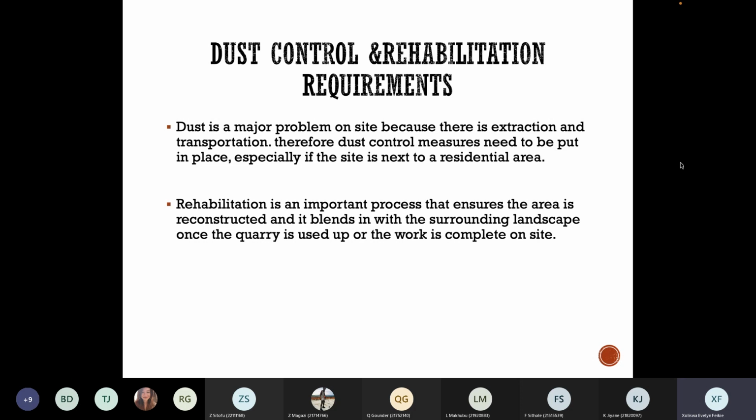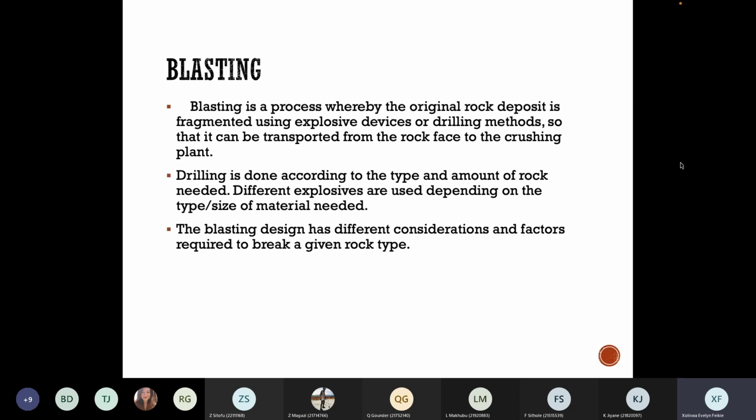Of course, we understand that in terms of vegetation, you might not be able to achieve that immediately because you will give the area time to maybe have that vegetation. But in terms of soil, there must not be any holes left there. You must make sure that you find substitute material that you will use to make sure that those holes are closed.